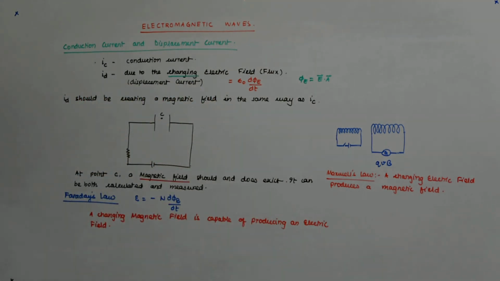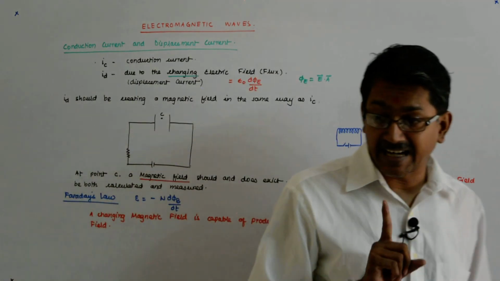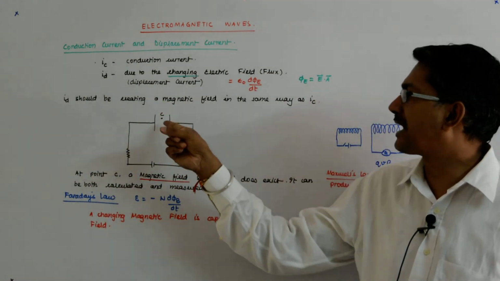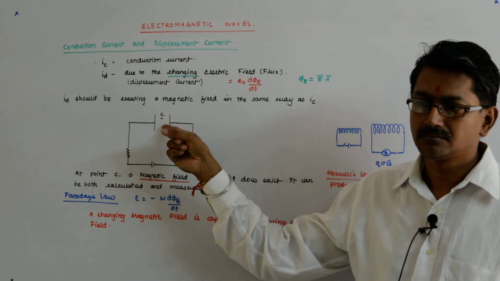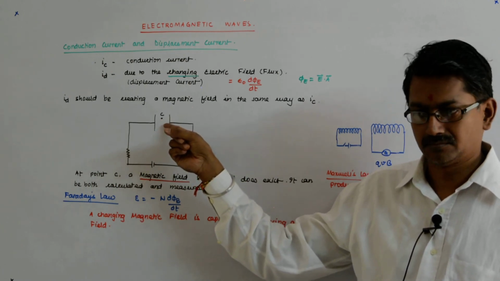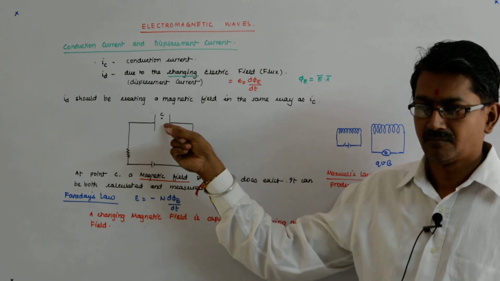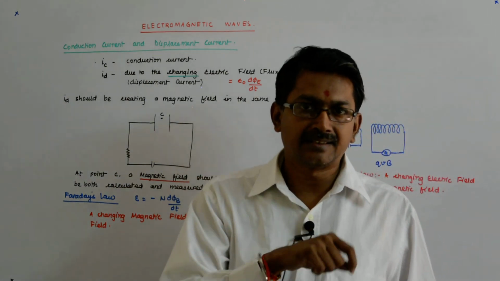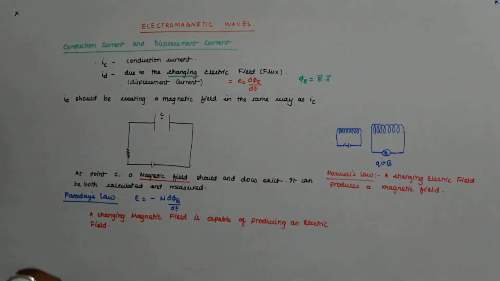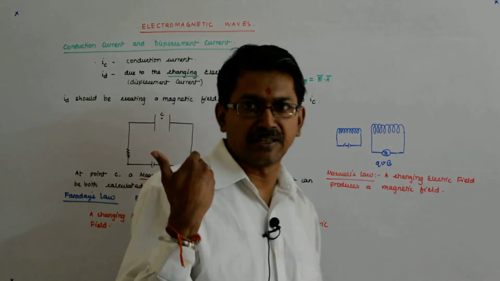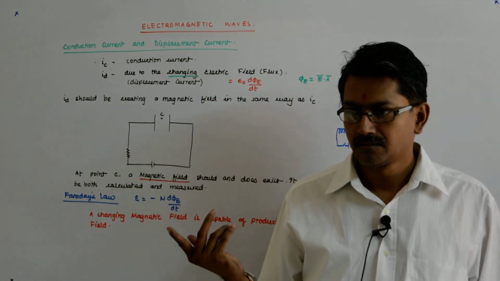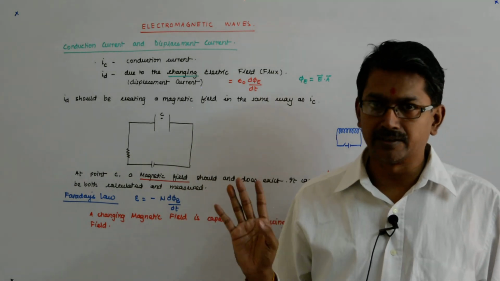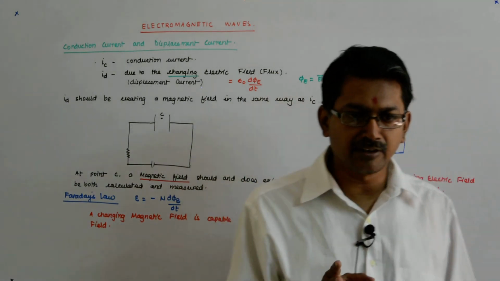If the field is not changing, if it is steady, then it cannot produce that. It will produce a magnetic field if it is steady. That's what we'll see shortly: you cannot produce this displacement thing with a steady current. A steady current will not be able to produce this.